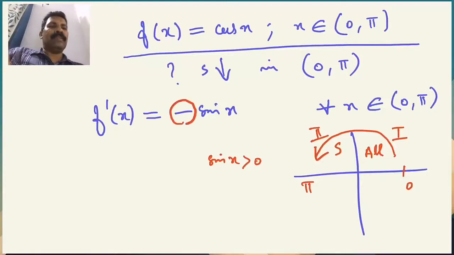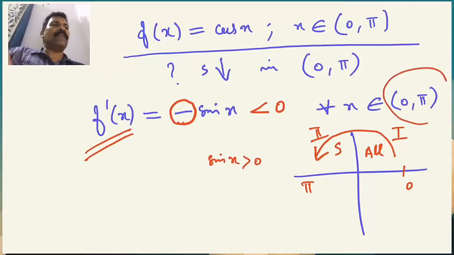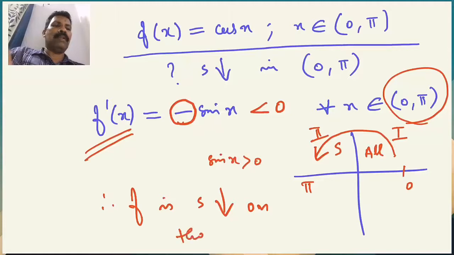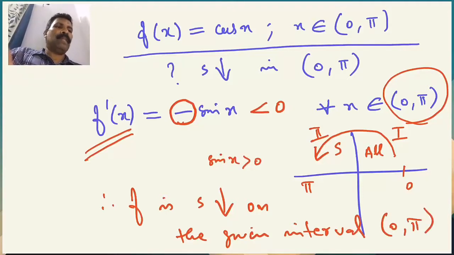So negative sin x is negative. Therefore, the total value of the derivative f dash x will be negative for this open interval 0 to pi. Therefore, the given function is strictly decreasing on the given interval, that is 0 to pi. So it is very simple to prove.